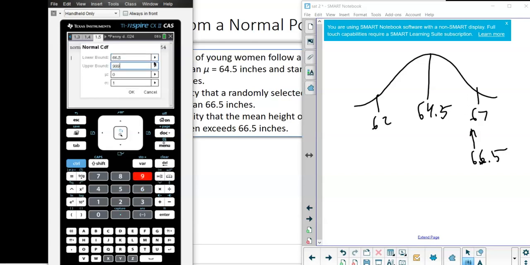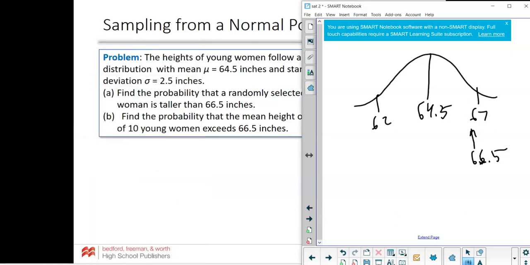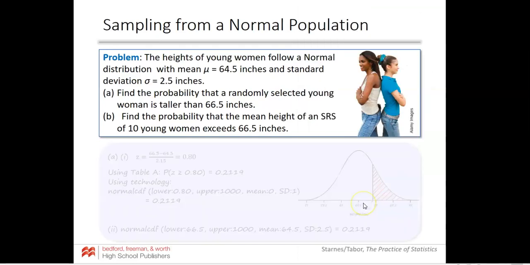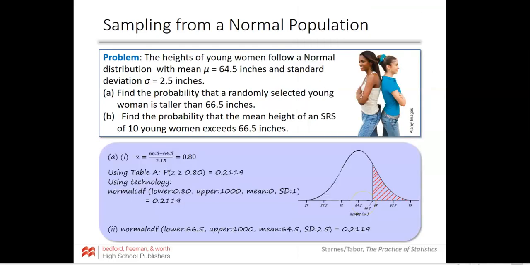Upper bound is infinity, I'm just going to type a big number. Mean is 64.5, and standard deviation was 2.5. So you get 21.18%, or 0.2118. There you go. That's the work for that one, if you need it.